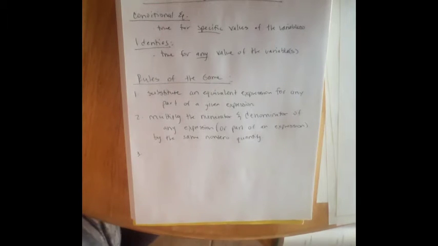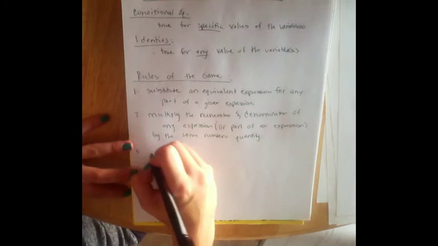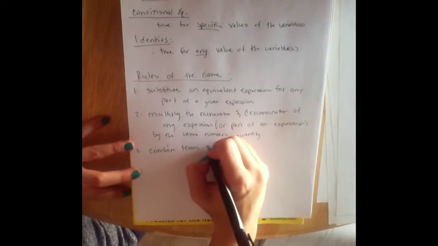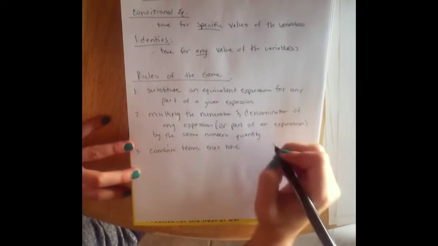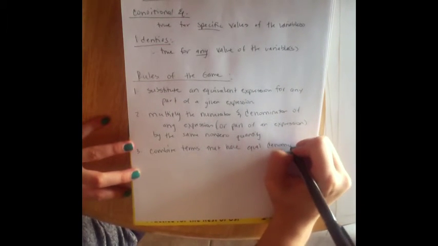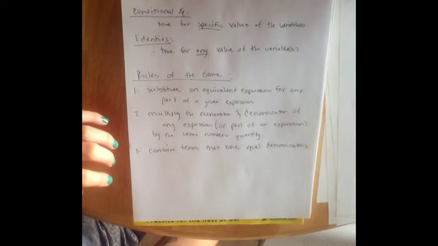You've heard me say before that we are multiplying by 1 creatively. Okay? So that is exactly what that means. And number 3, we can combine terms that have equal denominators. I say can, but really I mean you should.